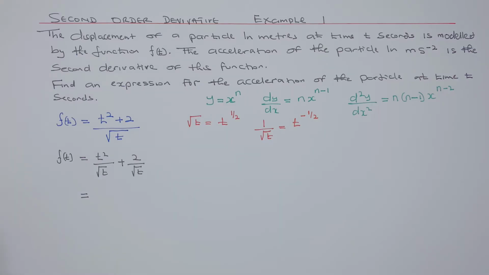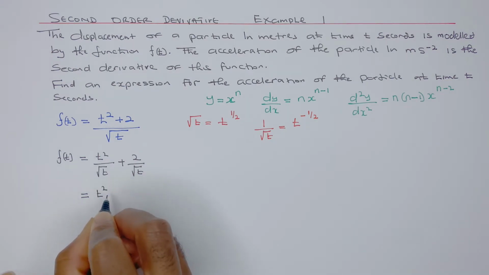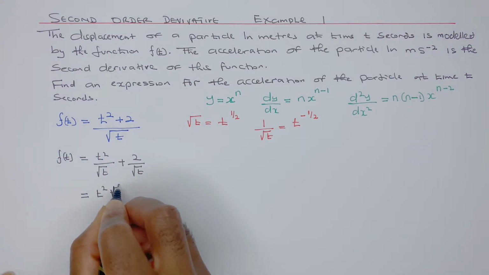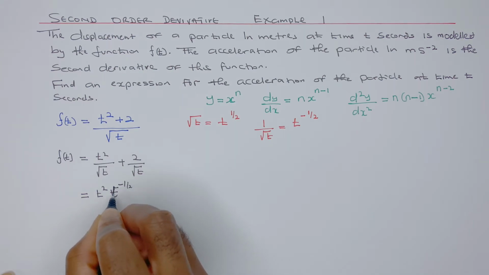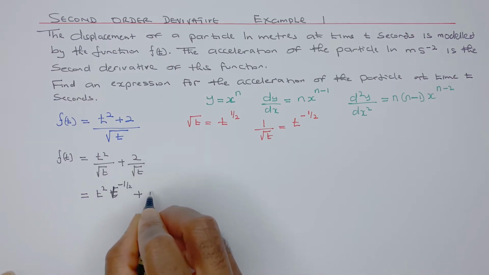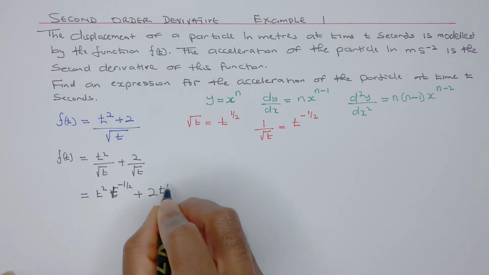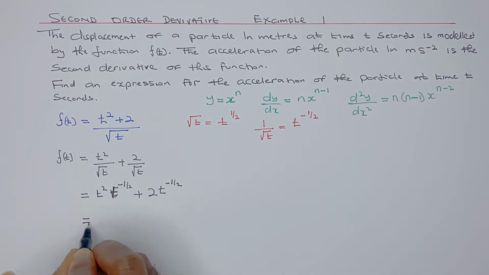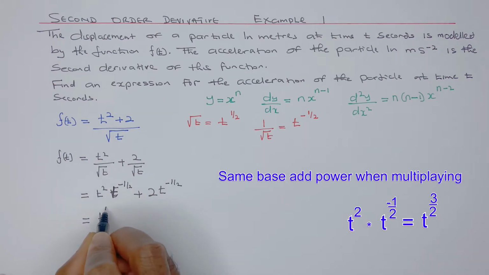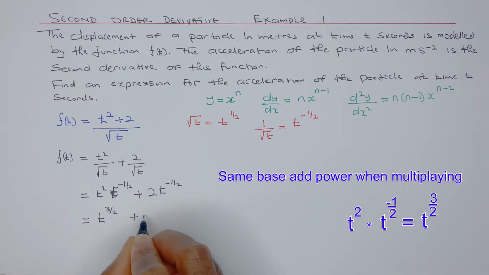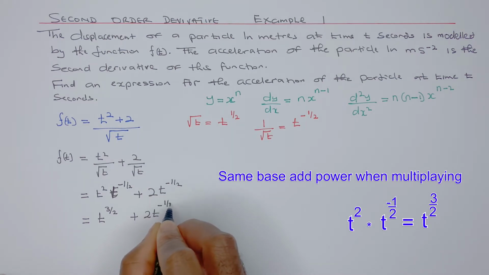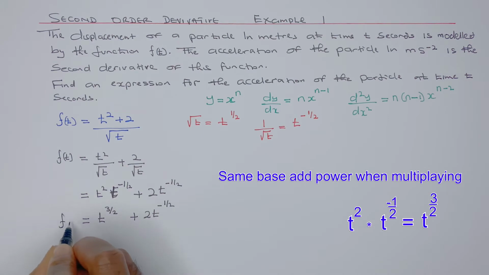So that's what we're going to apply here. That will be t squared times t to the power minus a half, plus 2 t to the power minus a half. And that will be equal to, 2 minus a half is 3 over 2, so t to the power 3 over 2 plus 2 t to the power minus a half. So this is f of t now.